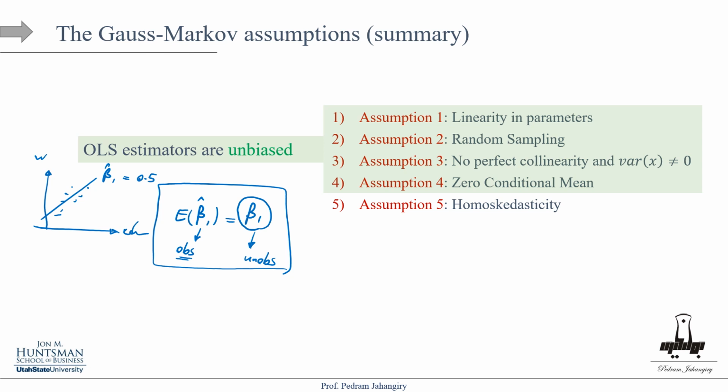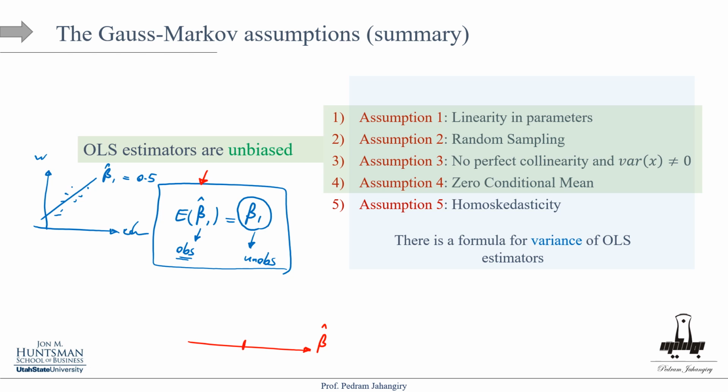Then if we add assumption number 5, we can say something about the variance. So now we know that on average we're hitting the target, but what about the variance? Let's say this is your beta hat. Let's say this is reality. In reality, the true beta out there is 0.5. The true relationship between education and wage for the entire US labor force is 0.5.